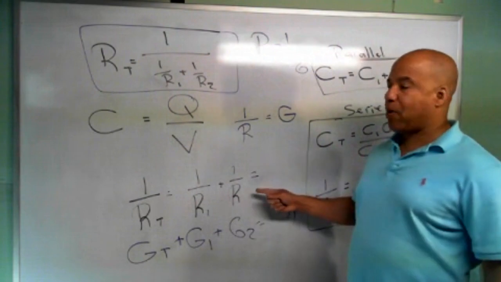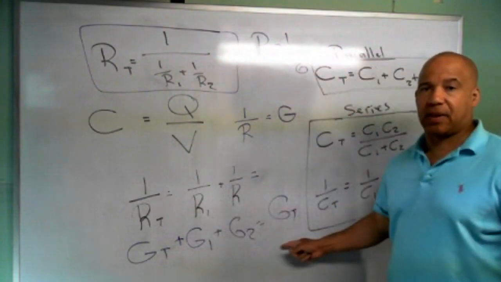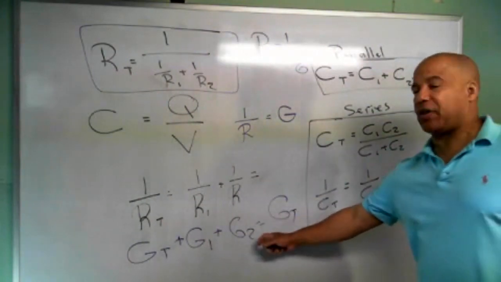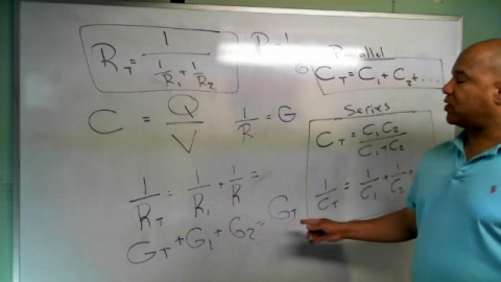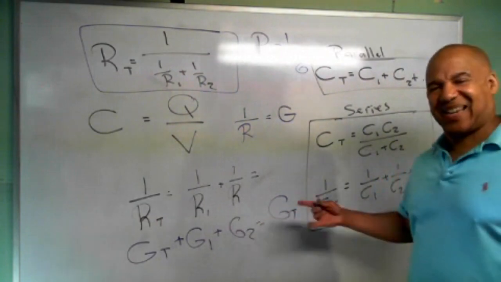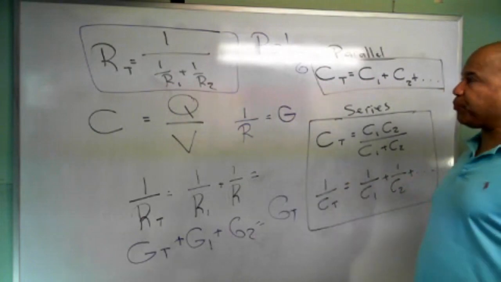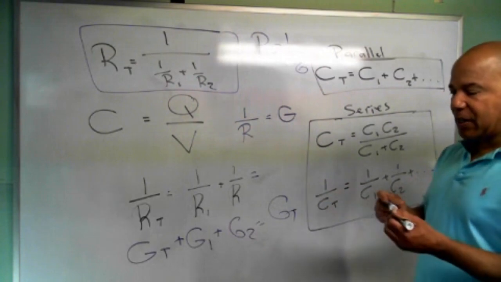But that's why I write it the way I do, because I'm really thinking of this in terms of conductance. Most books, when they introduce parallel circuits, show you this conductance thing. It looks more like resistors in series. So in parallel, conductances act like the series formula for resistors. That's a really good question. Anybody else have any other questions?